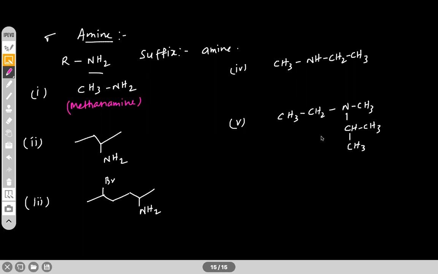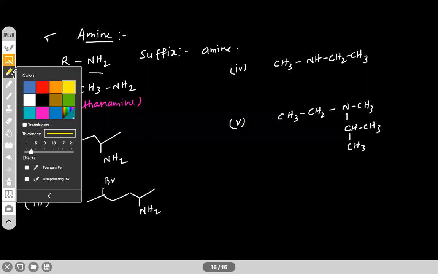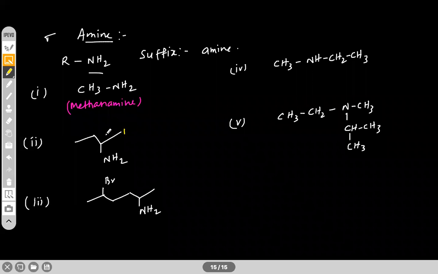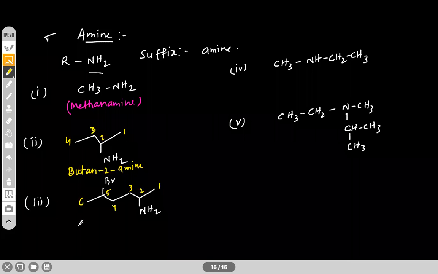Done? Okay. The second one, the name of this compound is 1, 2, 3, and 4. So it is butane 2 amine, and the terminal E we have to drop. This one is 1, 2, 3, 4, 5, 6.